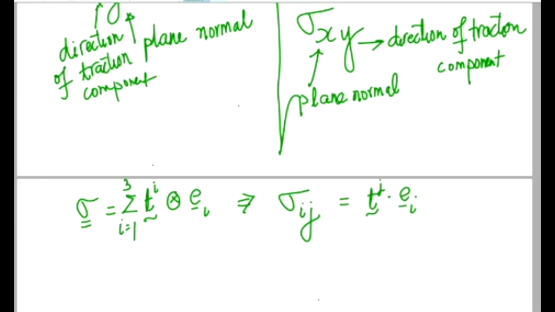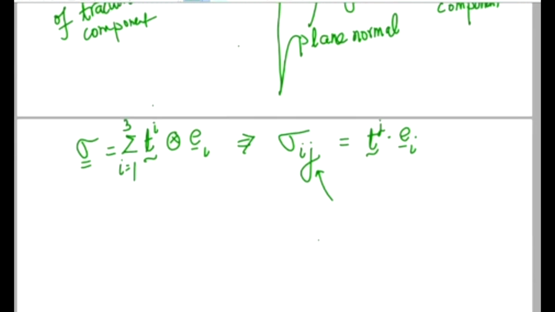So if we use this definition of the tensors and write things in the matrix form, then indeed j here denotes the plane normal and i denotes the direction of the traction, in which direction we are measuring the traction component. Okay?